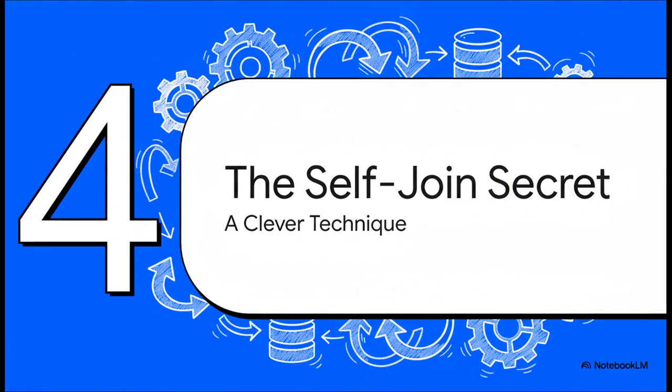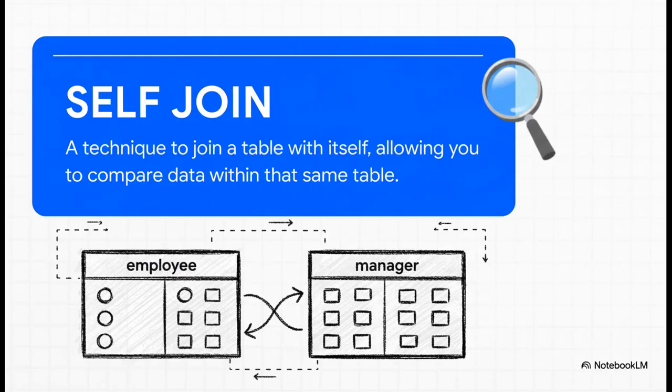It's not some brand new type of join command. Nope. It's just a really clever way to use the joins we already know to make a table talk to itself. The key, the whole trick, is to treat one table as if it were two separate, identical tables. You're basically creating a logical copy of it in your query, so you can match rows from the, let's say, employee copy with rows from the manager copy.